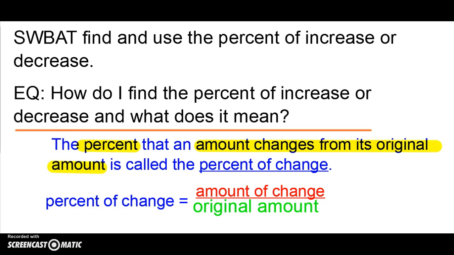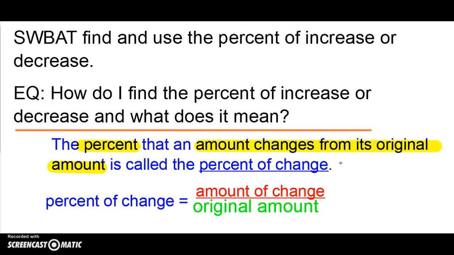The percent that an amount changes from the original is called the percent of change. So for an example, you wouldn't just say, how many did it go up or how many did it go down? You would say, what percent from the original did it go up or go down?